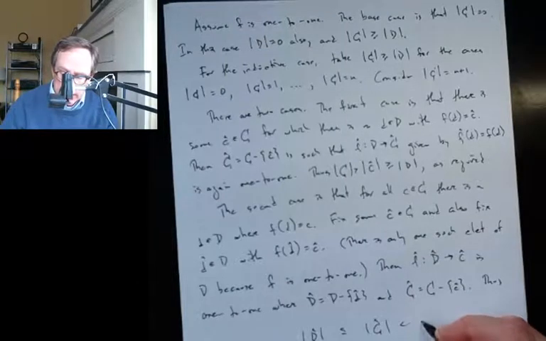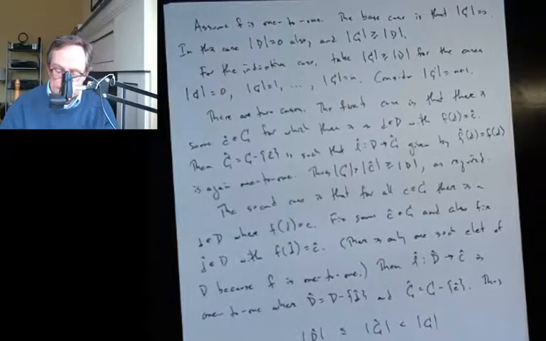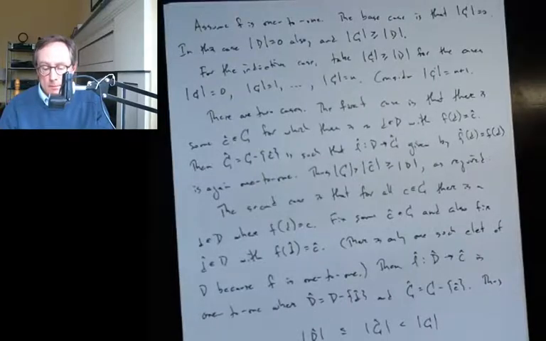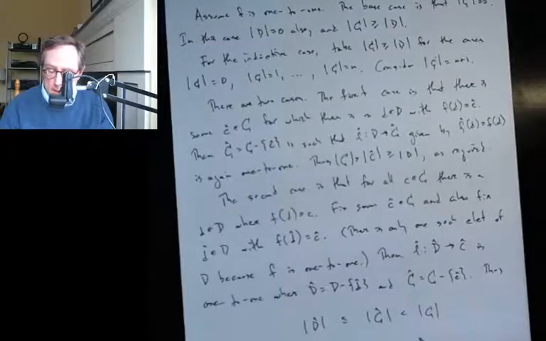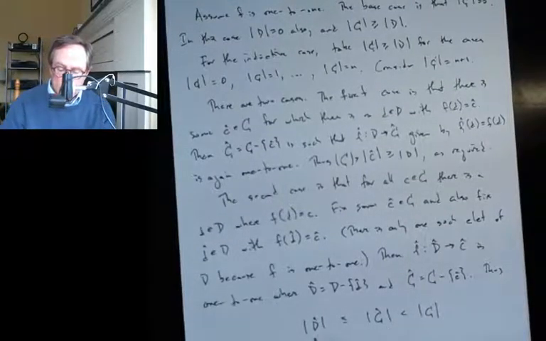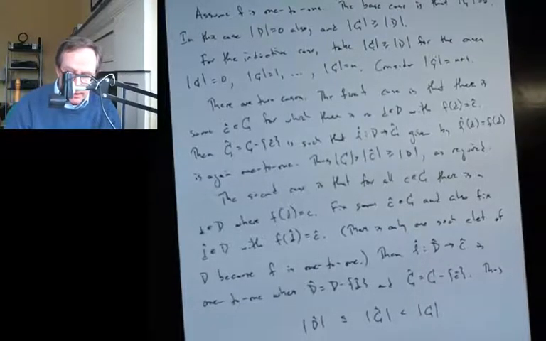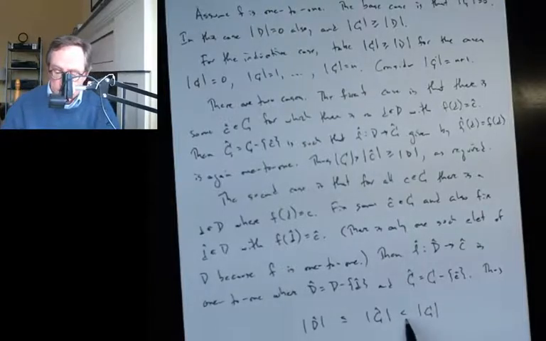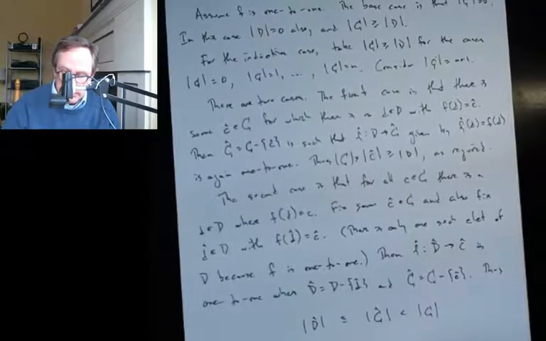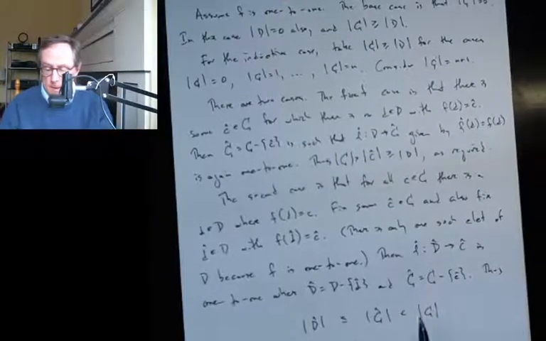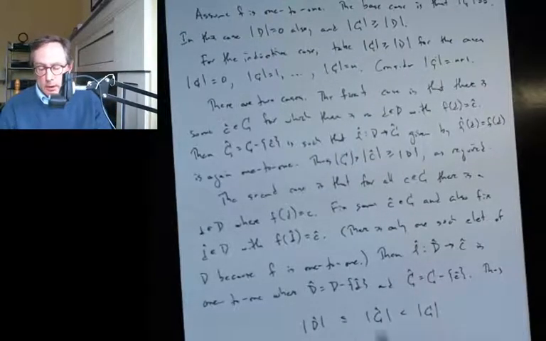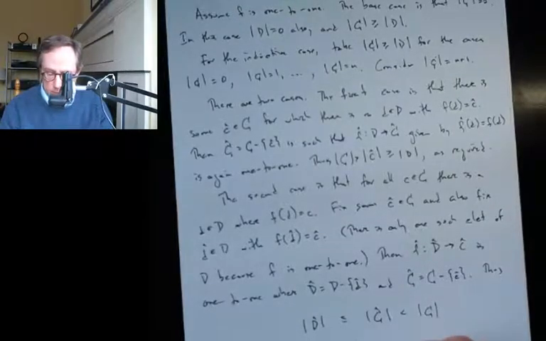That is less than the size of C. Okay, and in fact, I can conclude that the size of D, which is the size of D hat plus 1, since this says strictly less, must be less than or equal to the size of C. This says strictly less, so it's at least one bigger. So if you add 1 to this, you get less than or equal to. That's what I did, so I'm done.